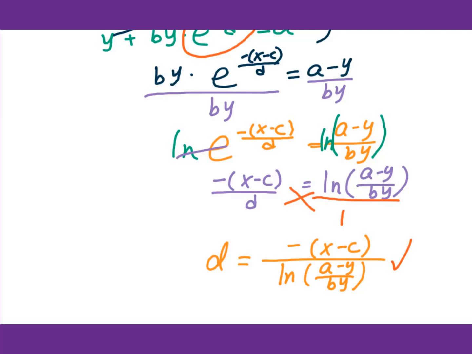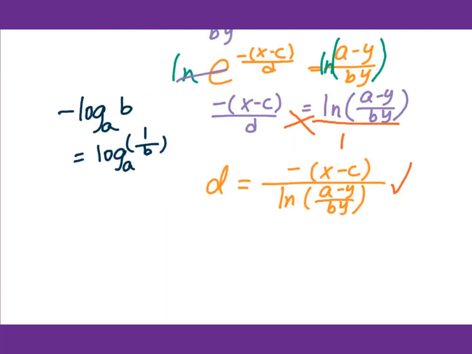If you don't want a negative sign in this equation, we know negative log base a of b equals log base a of 1 over b. So you can change this into x minus c over natural log of by over a minus y.